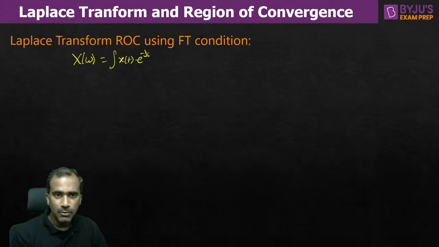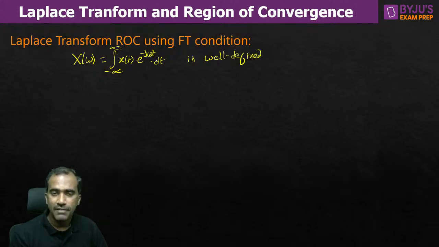Using that, we'll learn about the Laplace transform condition also. This Fourier transform is well defined. Well defined means it will not take infinite values for all values of omega.